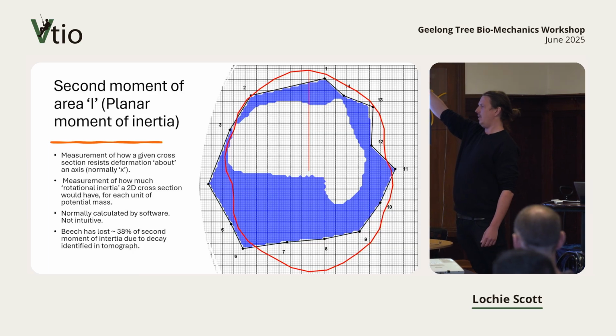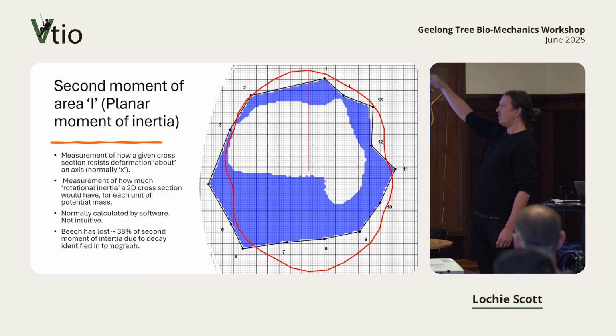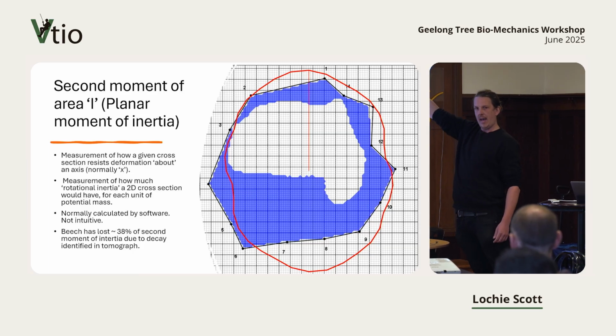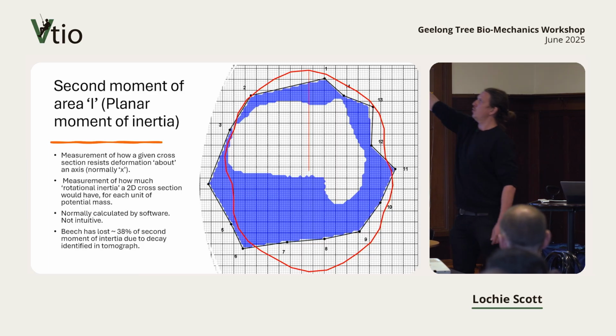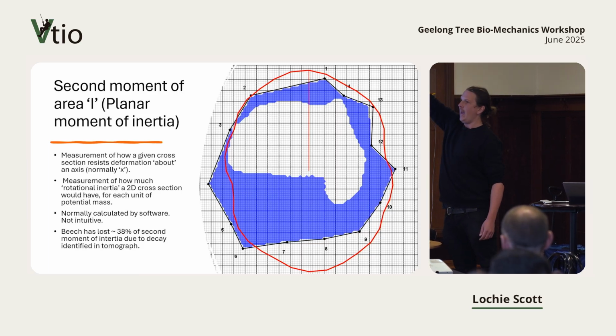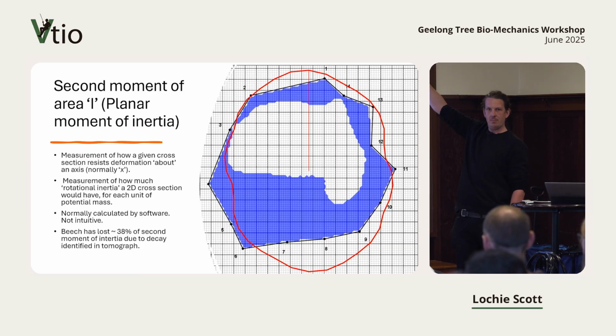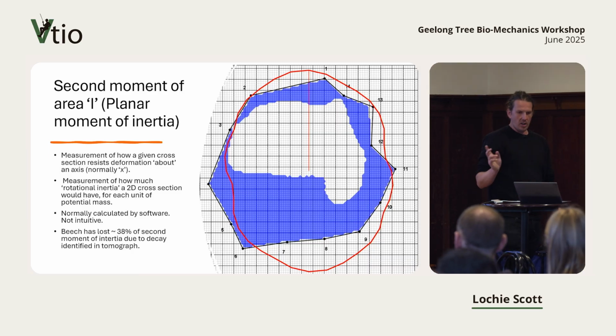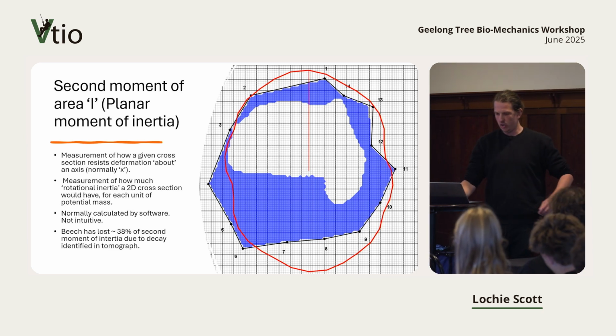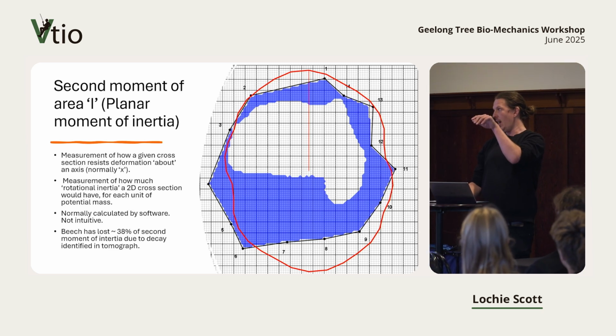It gets the square of its distance to that neutral axis. So say this little square, if it was 10 away, would contribute an order of magnitude more rotational inertia, or second moment of area, than the ones closer to the neutral axis. But it might not mean much, and I probably haven't done a good job there, but it's not intuitive to calculate, and we really need computers to have a look at it.